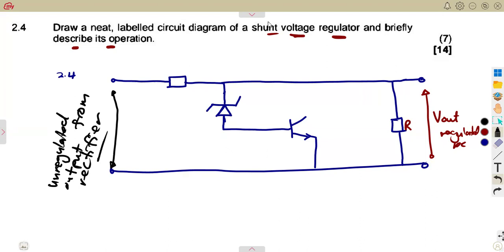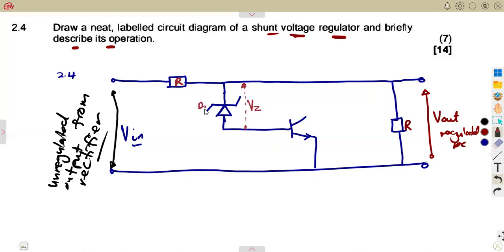All right, so this is what we have. This becomes the input, the unregulated output of the rectifier circuit, to the series resistor RS, and that's our Zener diode, giving us a voltage across, which is VZ.